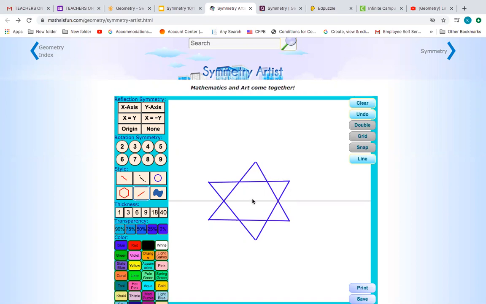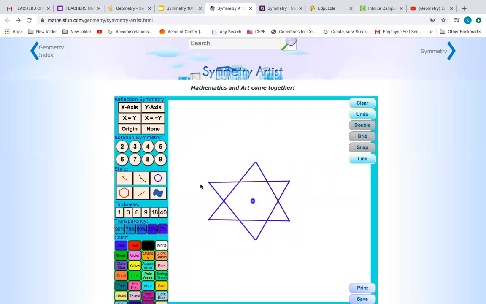But if you have a center point over here, I'm just going to make it a circle.